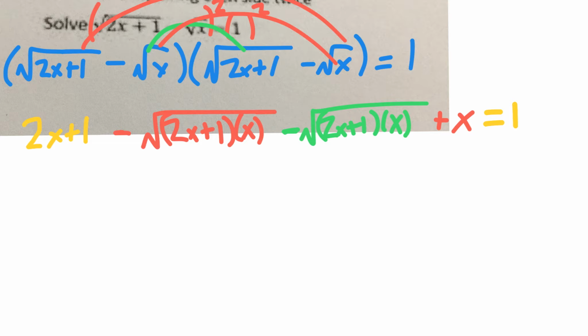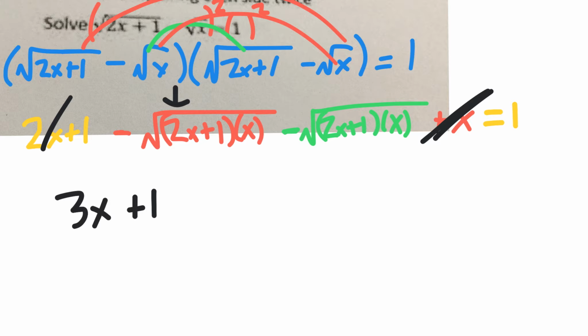Okay, so let's group some like terms together. I've got 2x, and I've got x on the same side, so that's going to give me 3x. Then I've got this plus 1. And then look at my radicals. I've got a negative radical of 2x plus 1 times x and a negative radical of 2x plus 1 times x. They have the exact same thing underneath the radicals, so you can think about that as being just a big variable.